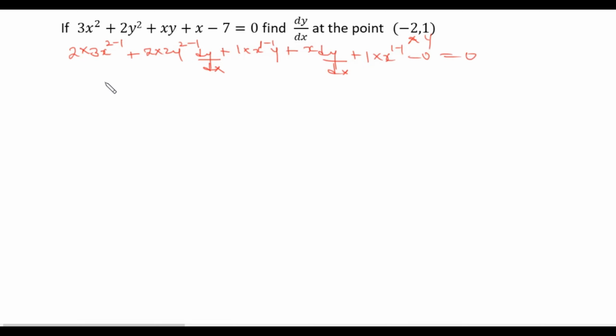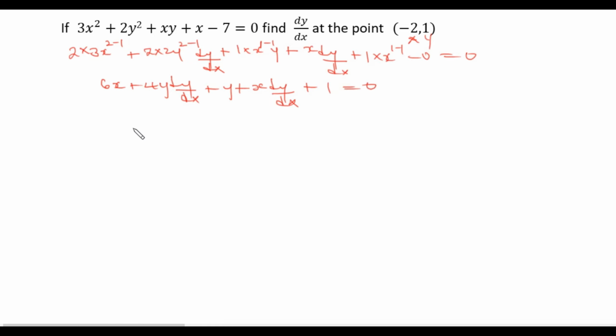So we have here 6x plus 4y dy/dx plus, this is x raised to the power 0, so we're only left with y, plus x dy/dx, plus x raised to the power 0 again, so it's 1.